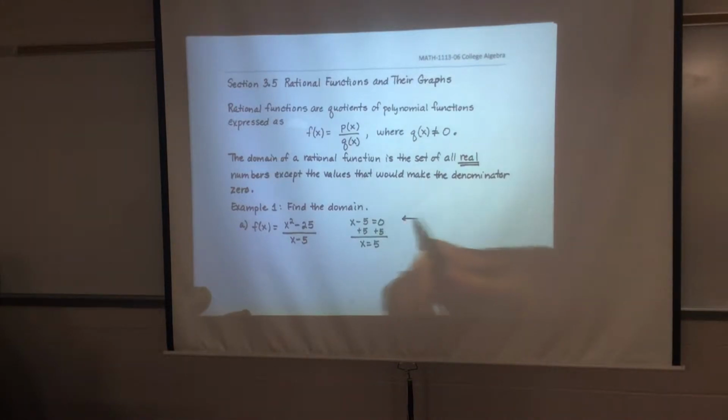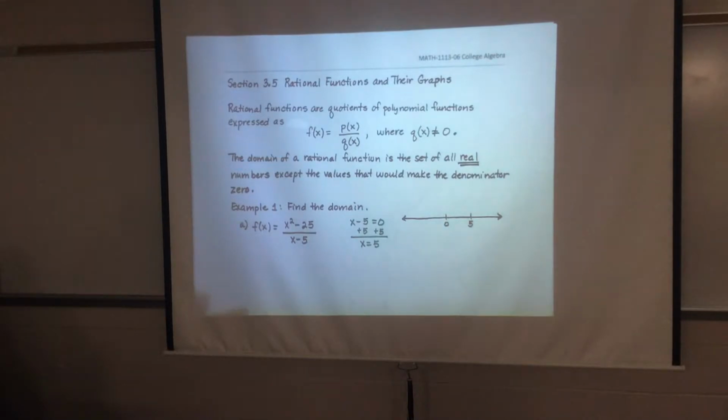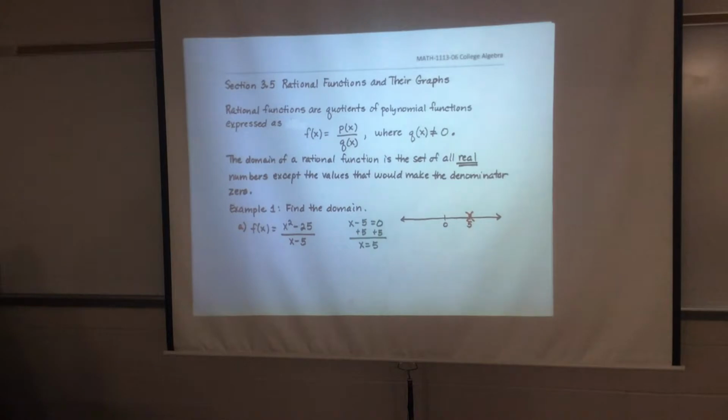Now, if you want to, you could draw a number line to help you write the interval notation for that, because I'm pretty sure that in the homework they're going to ask for the interval notation. We know at 5, you're going to get a 0 in the denominator. Any x value less than 5 would work, and any x value greater than 5 would work.